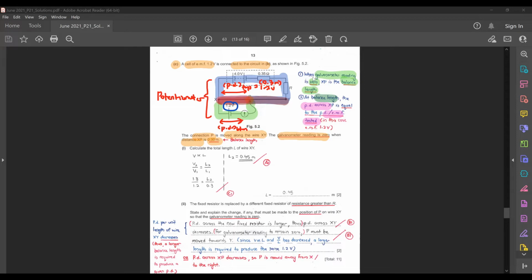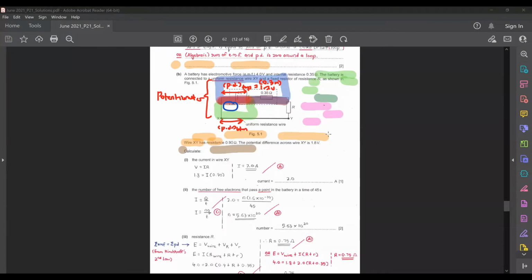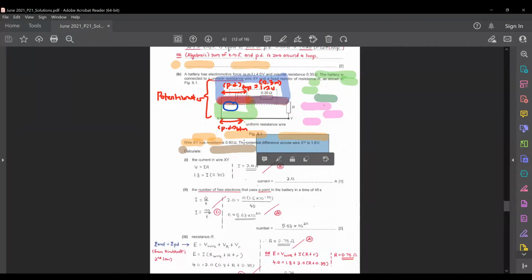Now, in part 1, the question wanted you to find the total length L of the wire XY. They want you to find the full length of the uniform resistance wire. Now, if you recall, in the previous page, they already mentioned to you that the full length of wire XY has a PD of 1.8 volts.